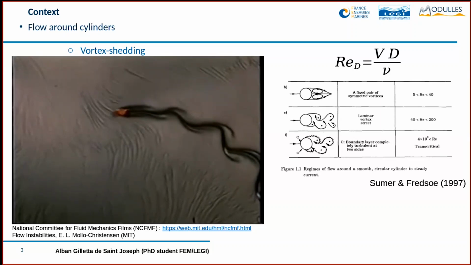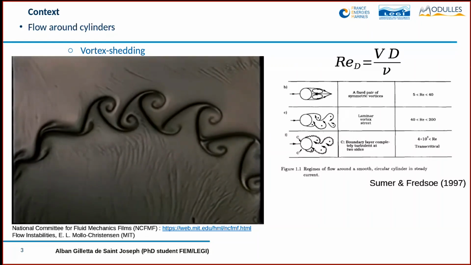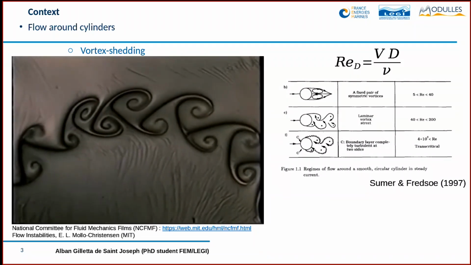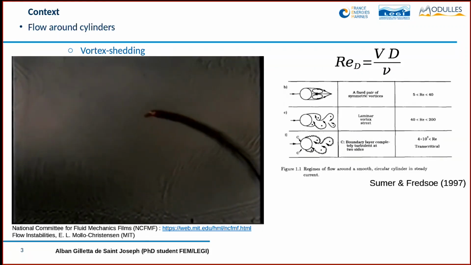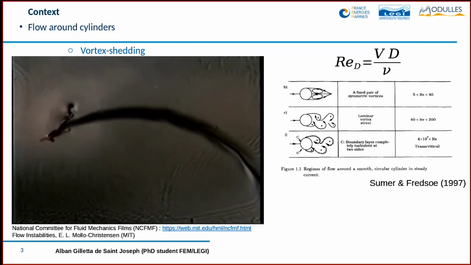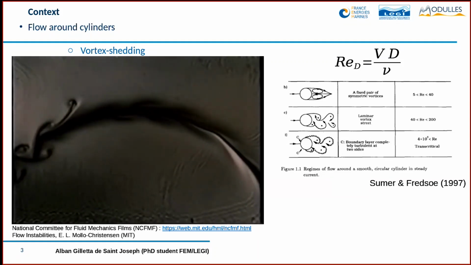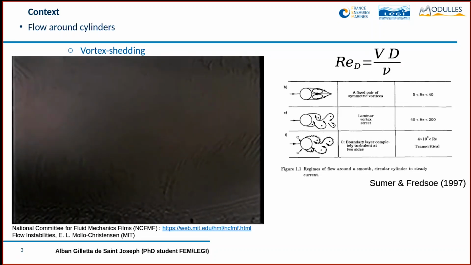When you increase the speed of the flow, some turbulence instability happens, notably the von Karman vortex street, based on the vortex shedding. This vortex shedding process appears when you have a sufficient Reynolds number, which is in the formula on the right, based on the velocity, the diameter of the pile, and the viscosity.